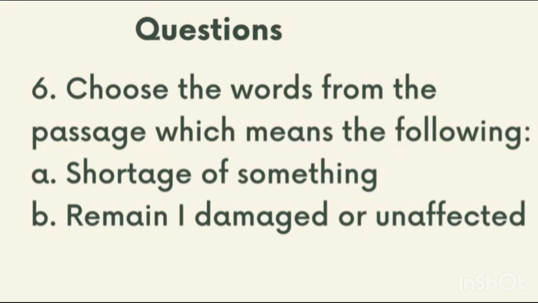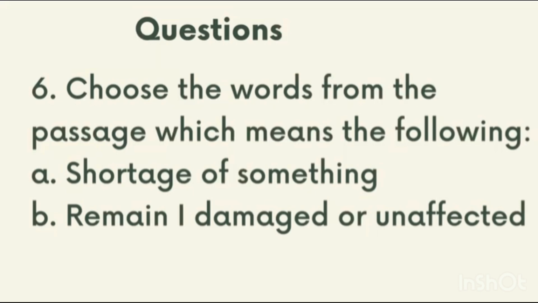Which underlined word in the passage means the same as remain undamaged or unaffected? Usually they will indicate here, to say this word is in paragraph 1, this word is in paragraph 2. So you have to go to that paragraph and search for the word.